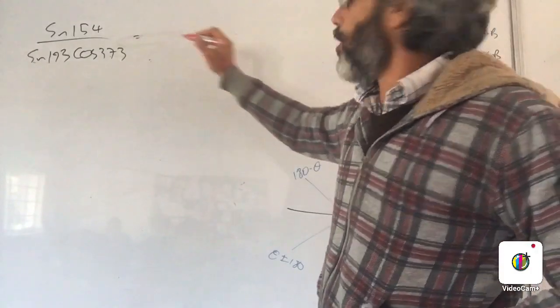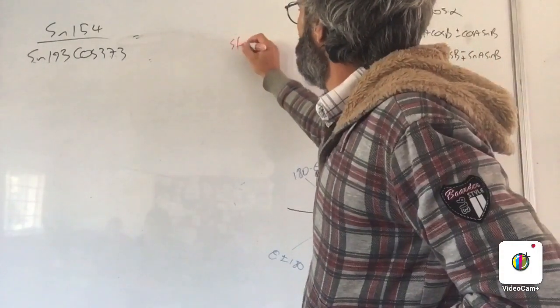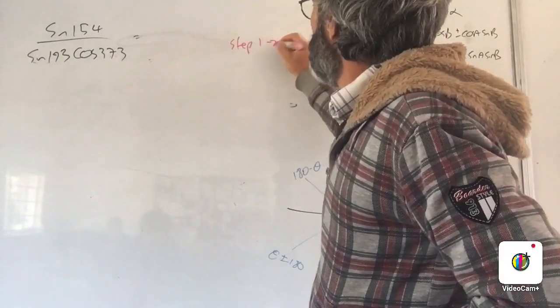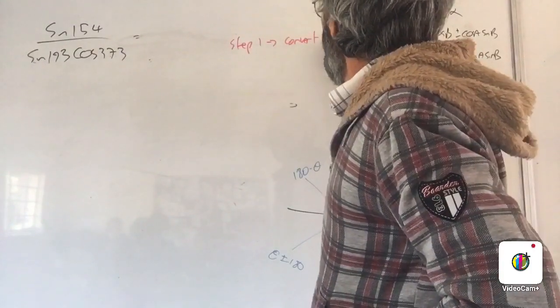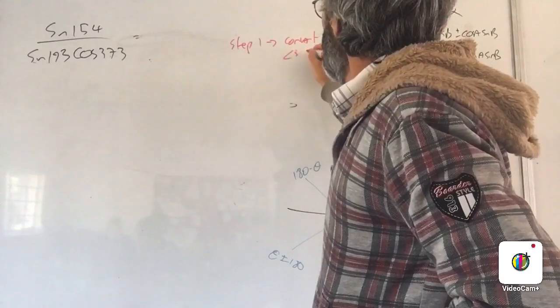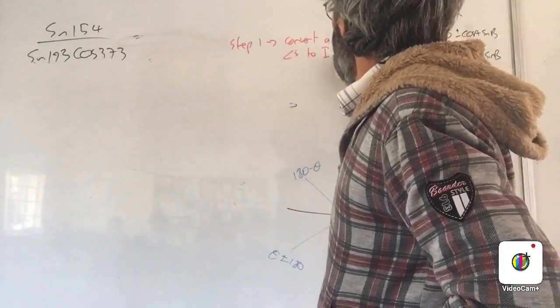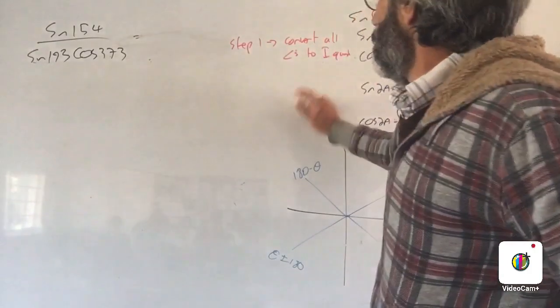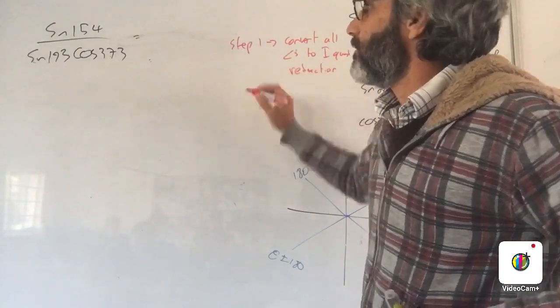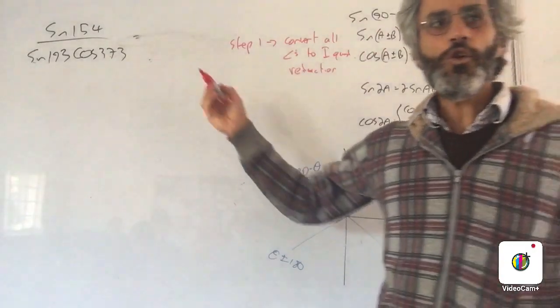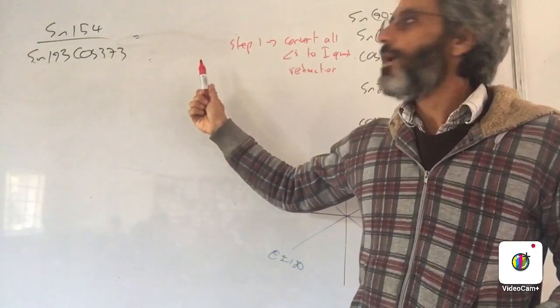To solve these problems, step 1. What is the step 1? Convert all angles to the first quadrant. That's called reduction. This could be like 5-6 marks.